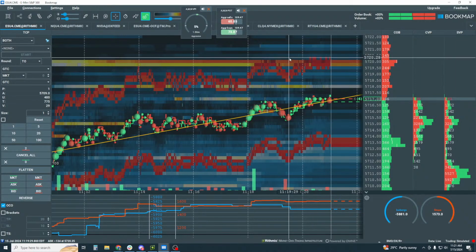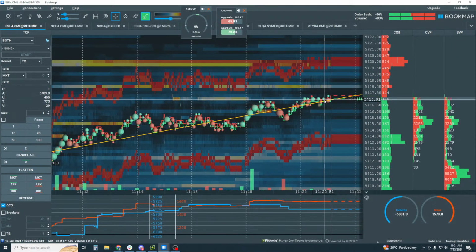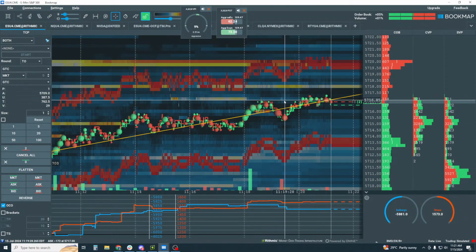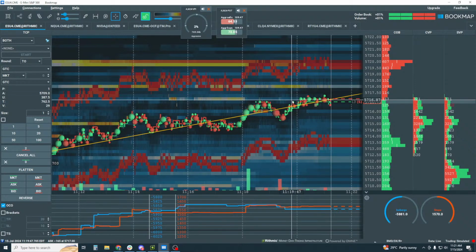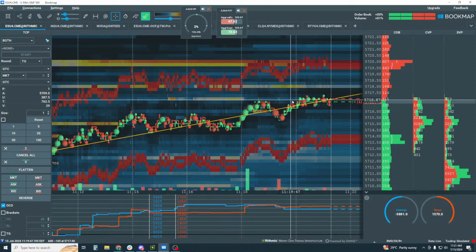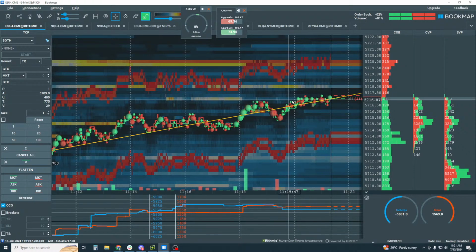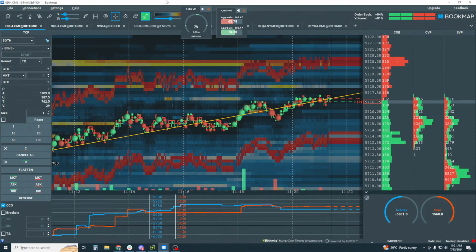All our education is based off of these three elements of price structure, transactions, and the order book, the liquidity, and understanding these three elements and the context there. There are many different tools that we have that you can look at for more insight, market pulse, for example.